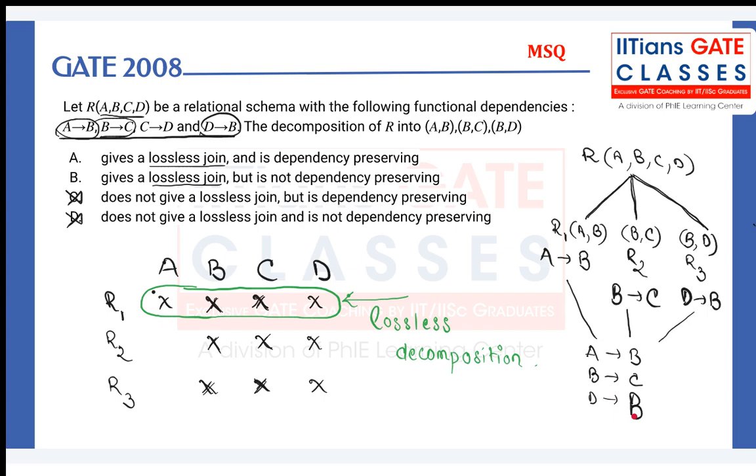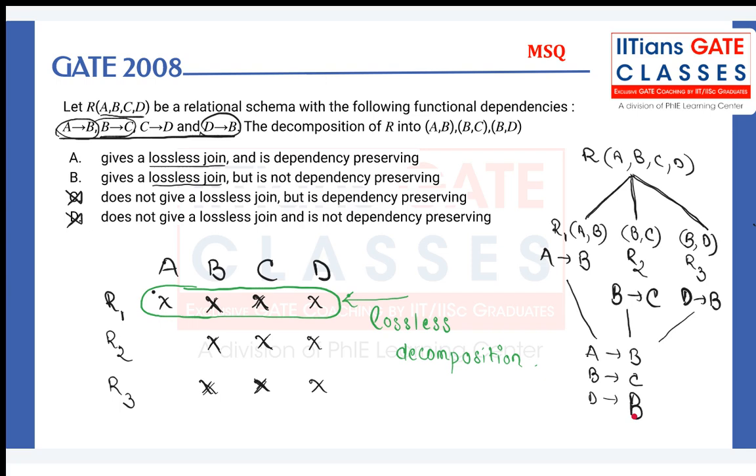Can you apply some transitivity or something you can do to get C derives D? No, right? I mean, try to see if you can. I don't think so you can get it. I can get D derives C, but can I get C derives D?